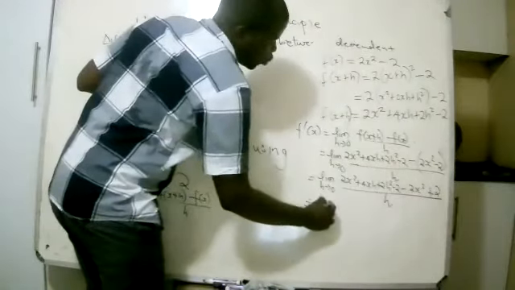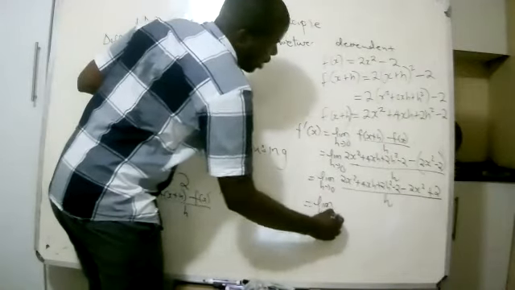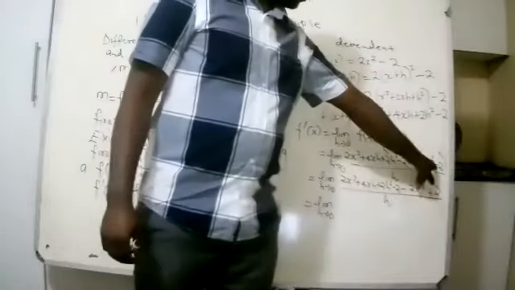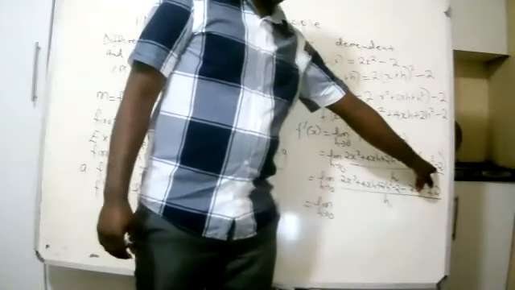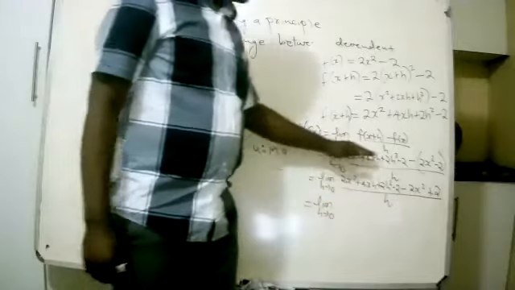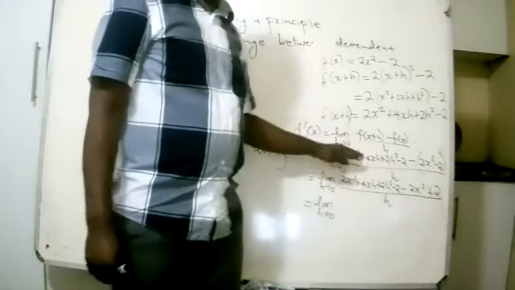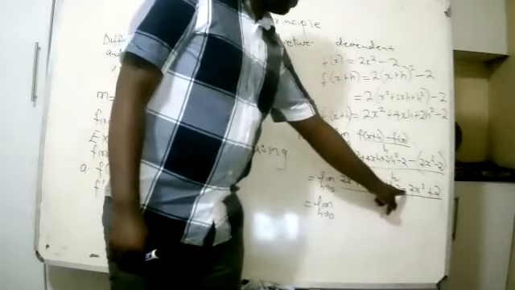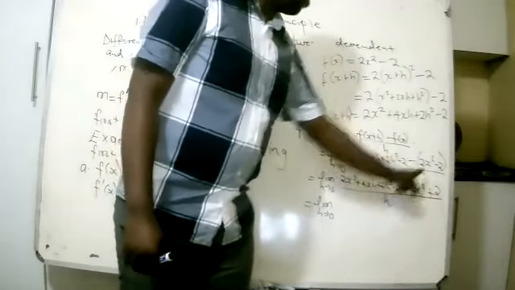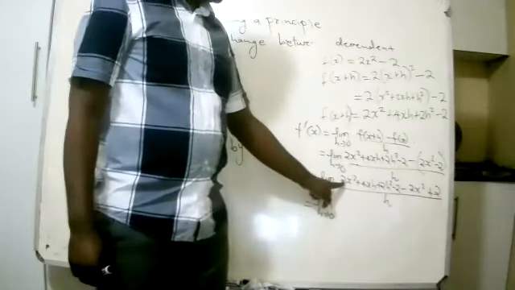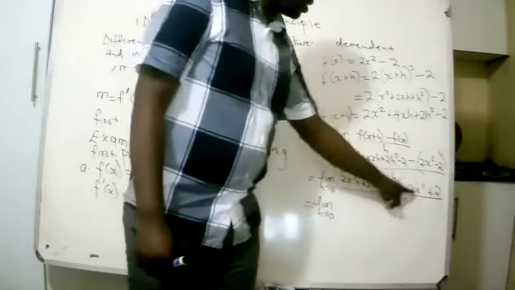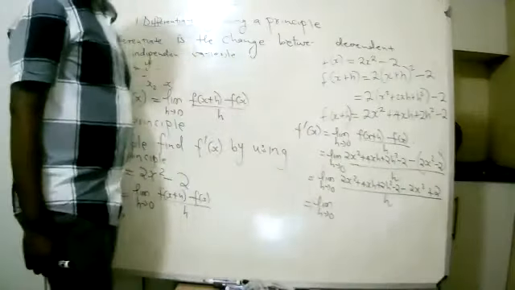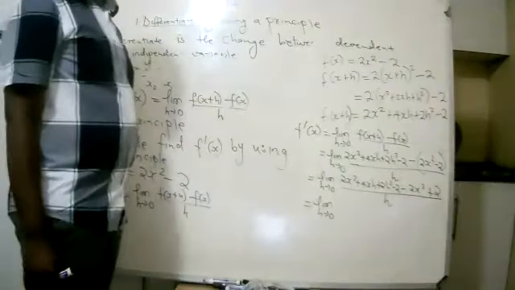After having that, we now have to add the like terms. And I told you, all the terms that we have in this f of x must cancel with some terms that we have in this f of x plus h. So you can see minus 2x squared from f of x is canceling with this term here. And the 2 that we have here cancels with the 2 there. So after adding the like terms, can you tell me what we have on the numerator?